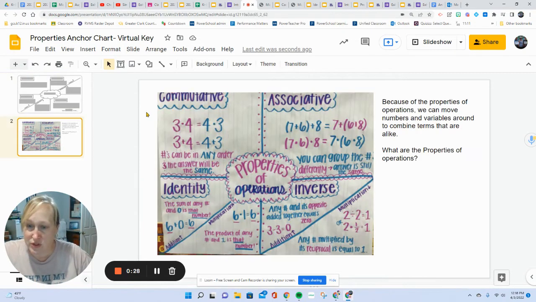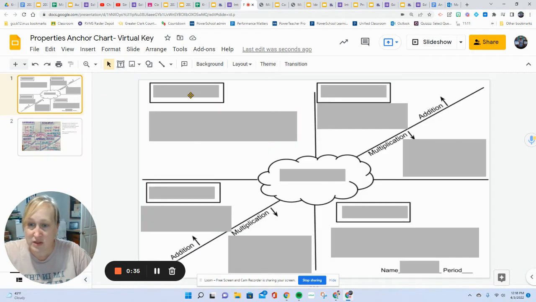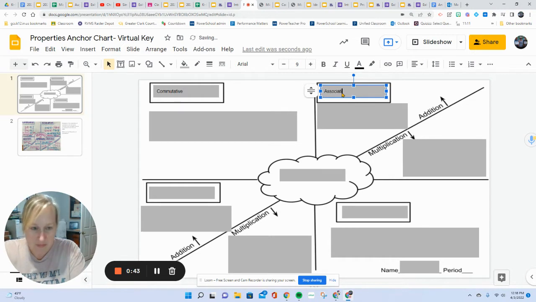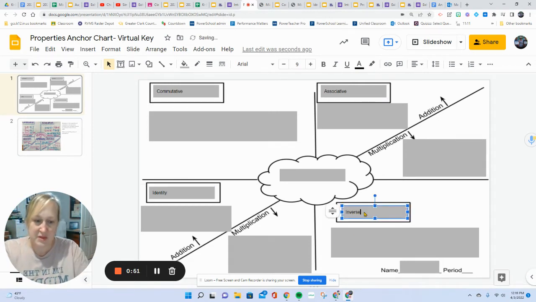So the first thing that we're going to do is copy these words into each square: commutative, associative, identity, and inverse. Hopefully you can spell it better than I did. Identity and inverse.